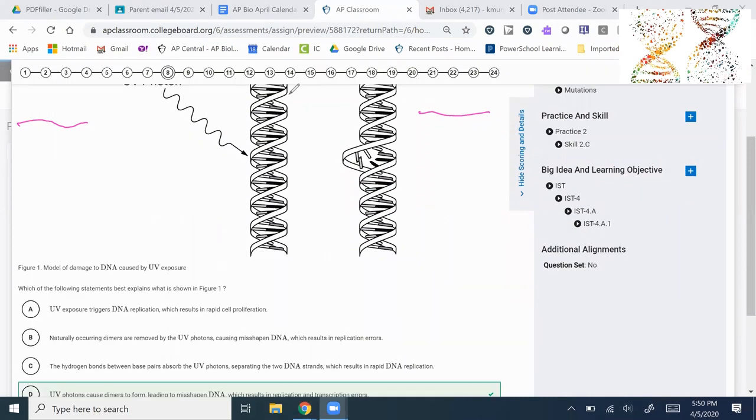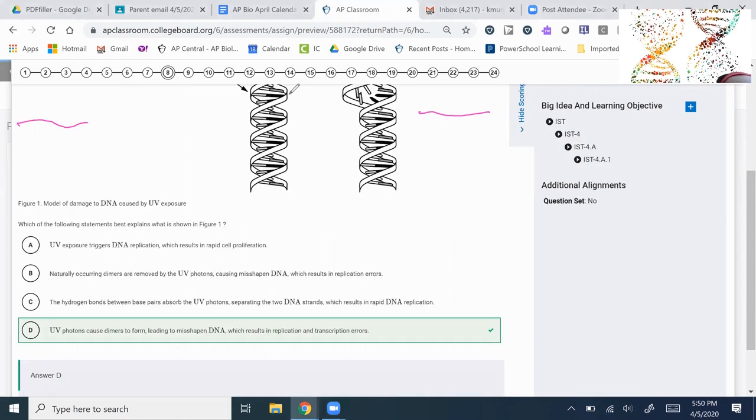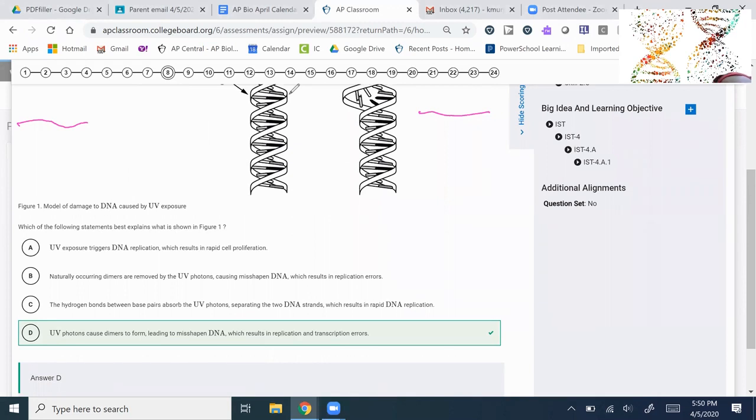A, UV exposure triggers DNA replication, which results in rapid cell proliferation. No, that does not occur. B, naturally occurring dimers are removed by the UV photons, causing misshapen DNA, which results in replication errors.